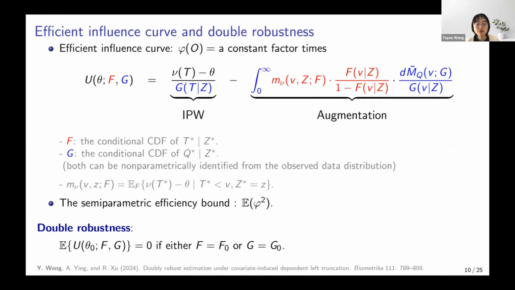And in the following, we'll drop the constant factor and consider using this U as an estimating function. And we can show that this estimating function is doubly robust in the sense that it has mean zero if either F or G is the truth, but not necessarily both.